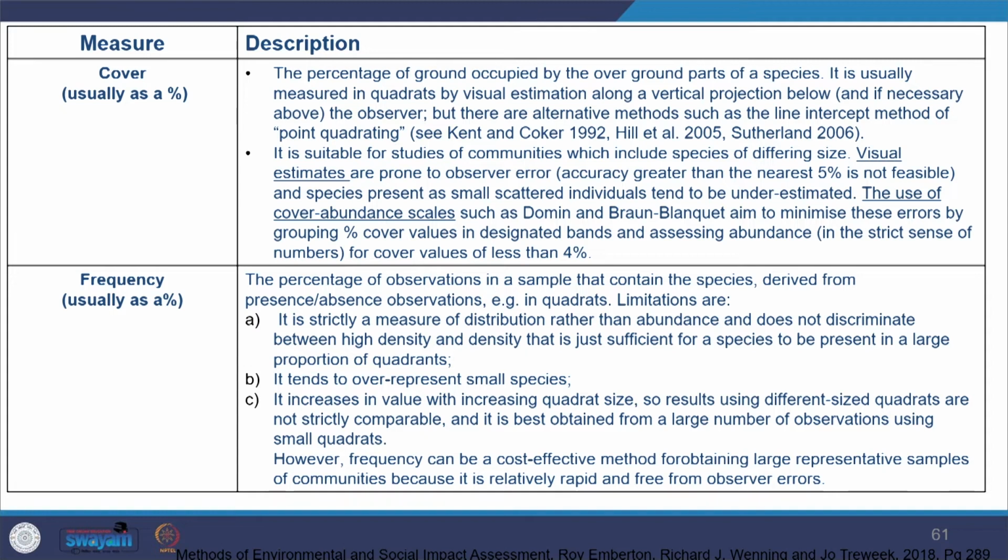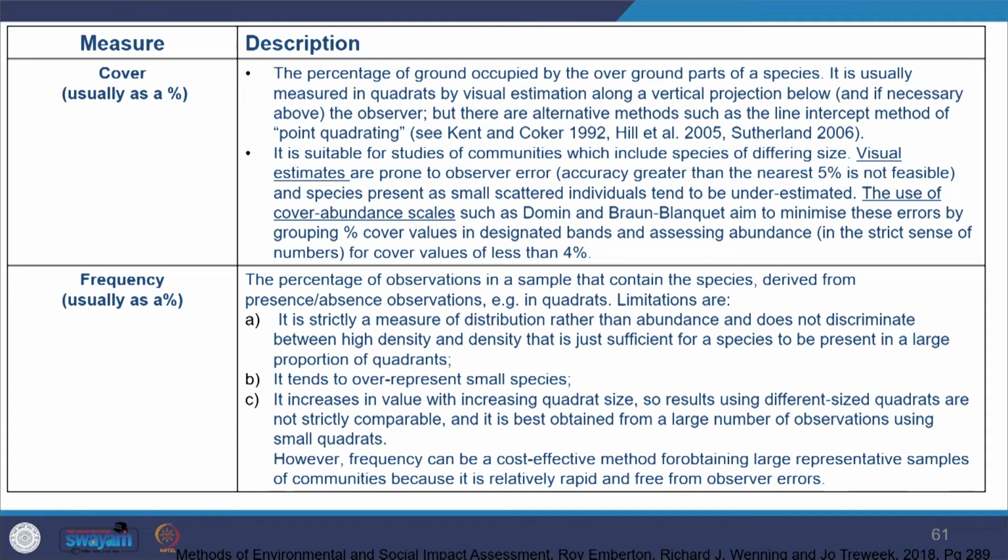So you use quadrats, so you make rectangles, and then you do the visual assessment, and you can also use the line intercept method. So this measure is important for studies of communities. This one is particularly important, the cover method.